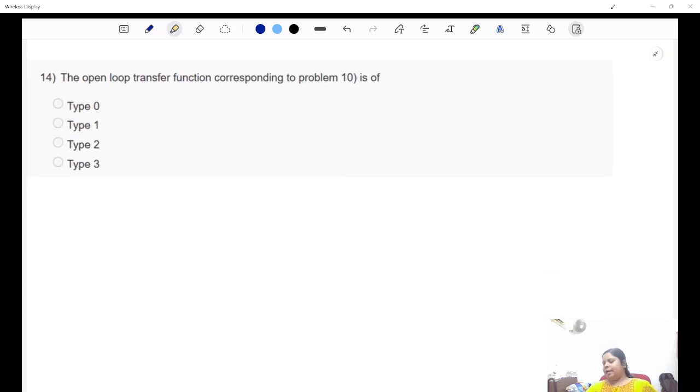The open loop transfer function corresponding to problem 10 is of what type? Sorry, the open loop transfer function is G(s), which is C(s) into P(s). Our C(s) was Kp. What was P(s)?